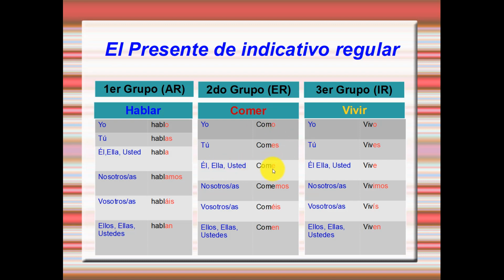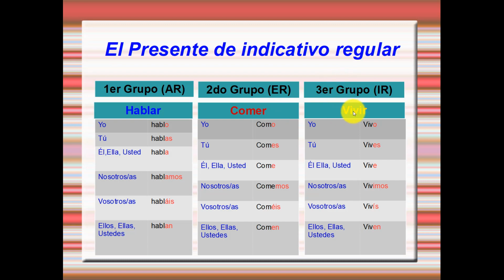Él, ella, usted come. Nosotros, nosotras comemos. Vosotros, vosotras coméis. Ellos, ellas, ustedes comen. All right, so you have the root of the verb, which is com, and then you add the ending. Let's go to the third group.